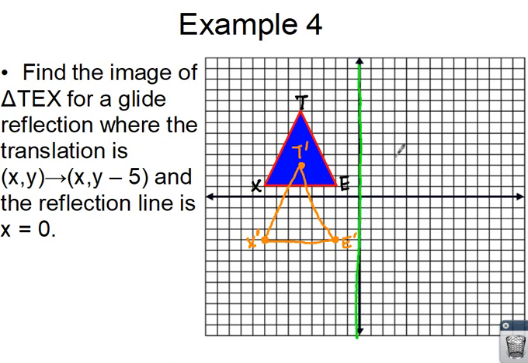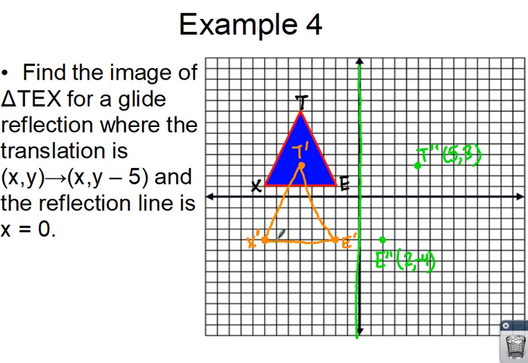So x equals 0 is the y-axis. See where colored pencils would come real handy right now. 5, 3. So T moves over here. This is T double prime, 5, 3. And then E comes right here. E double prime, 2, negative 4.